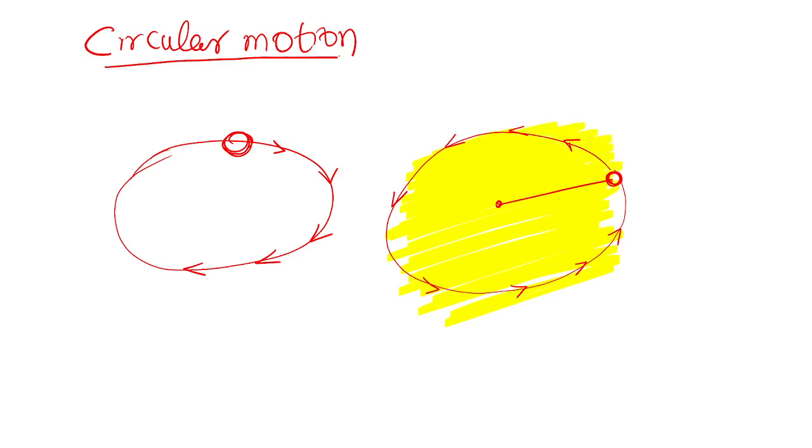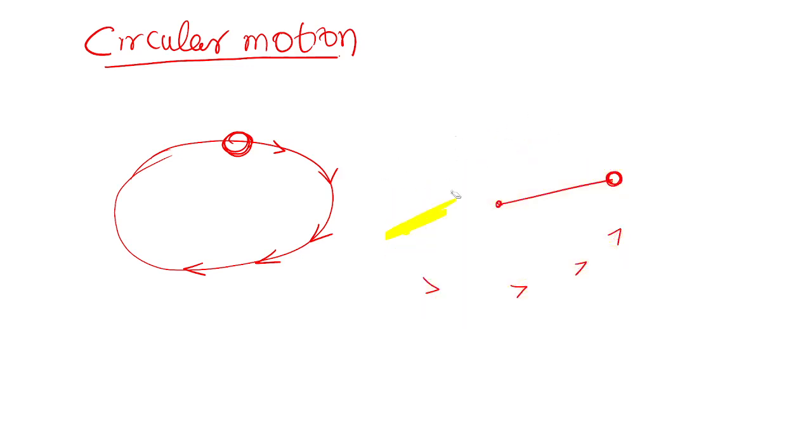Okay, anyway, circular motion we are going to learn. There are certain important terms associated with circular motion and there are two important derivations. Initially we will not learn the derivation, but the derivation is definitely there in the syllabus. After doing certain problems I will discuss the derivation.